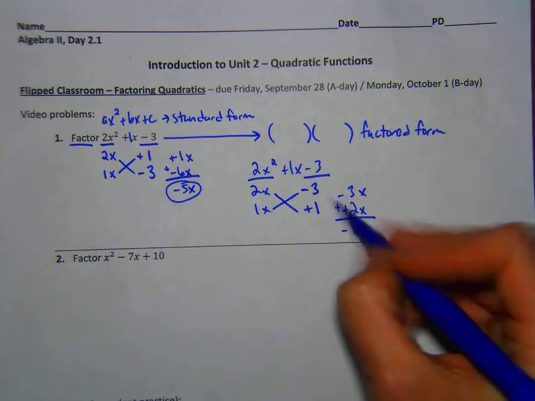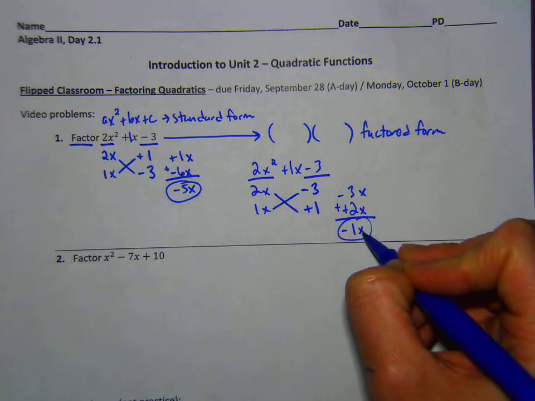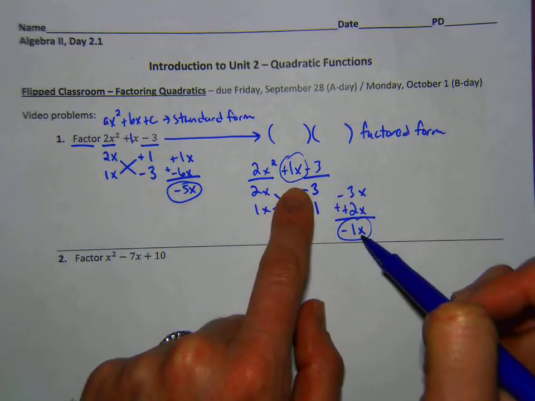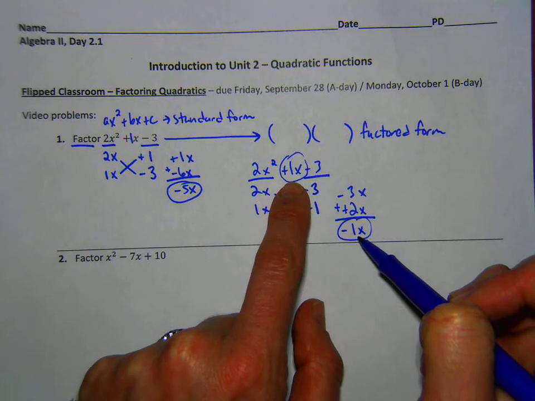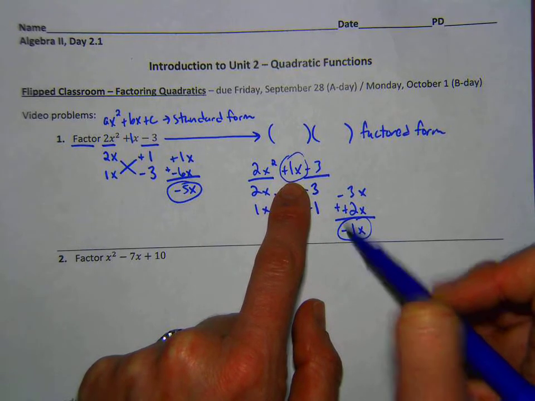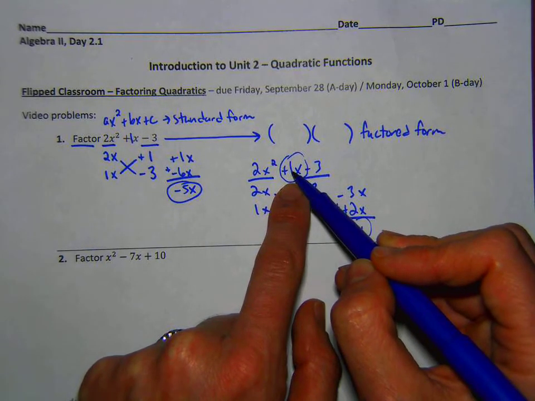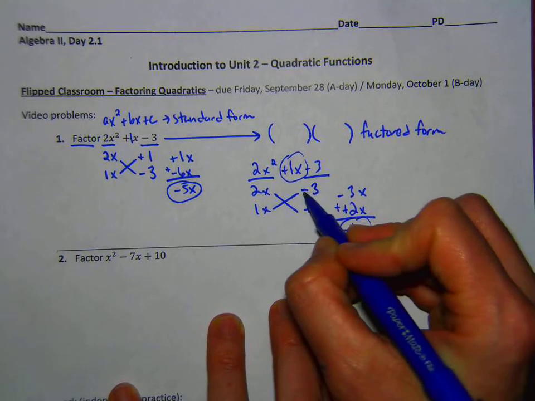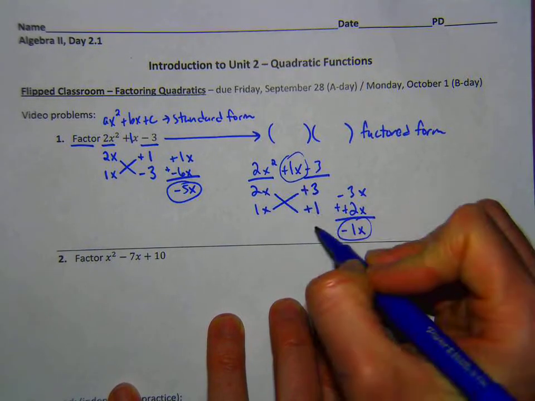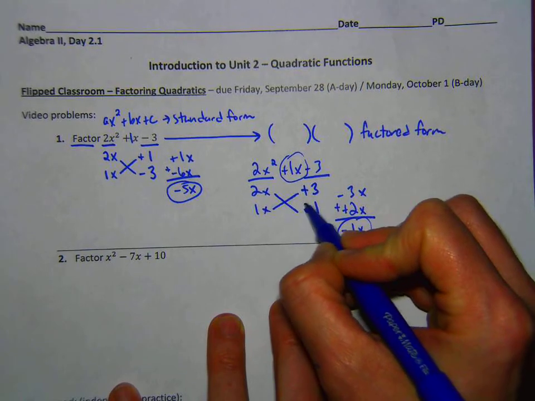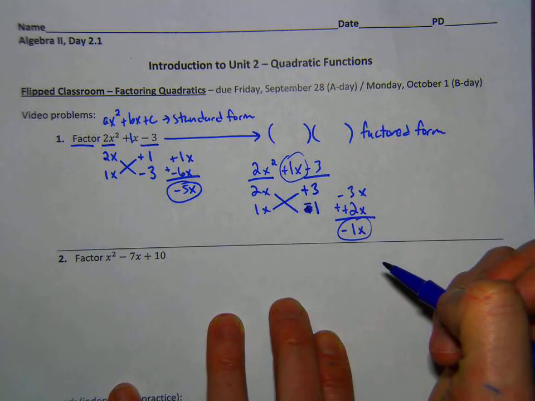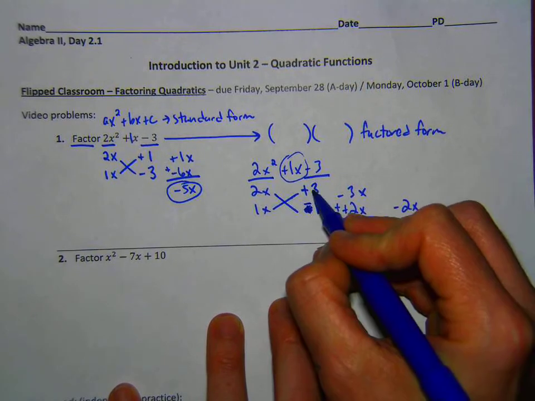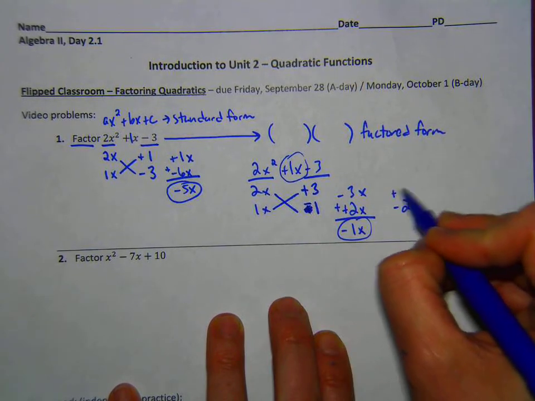Is that what I wanted the middle term to be? It's very close. I have the correct number in front of x now, but this one is negative and I need it to be positive. So what that means is the signs are wrong. I need to make this negative a positive, and I need to make this positive a negative. If you try it again, 2x times negative 1 is negative 2x, and 1x times 3 is a positive 3x.